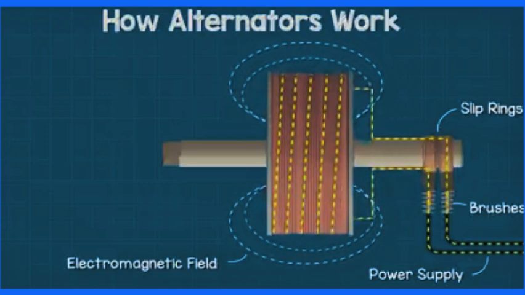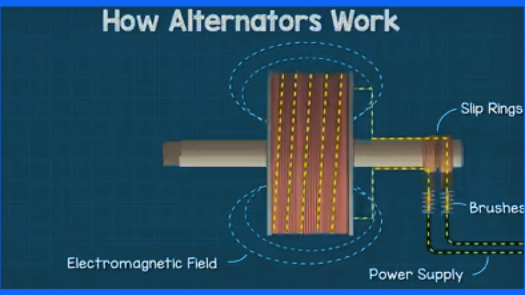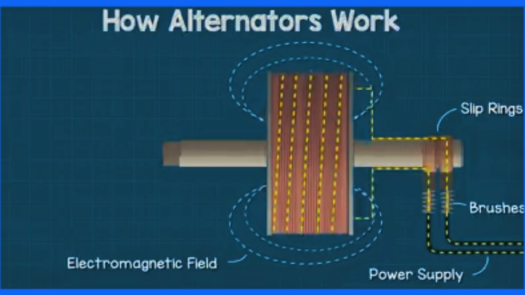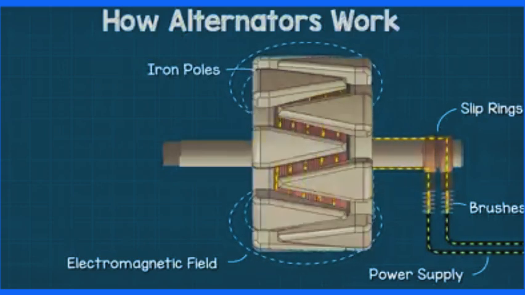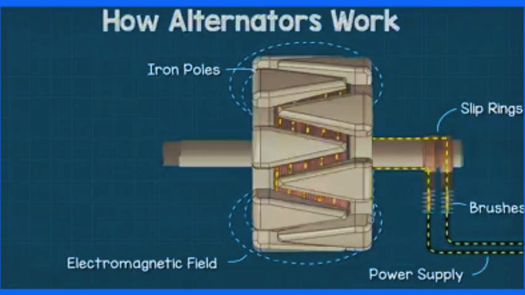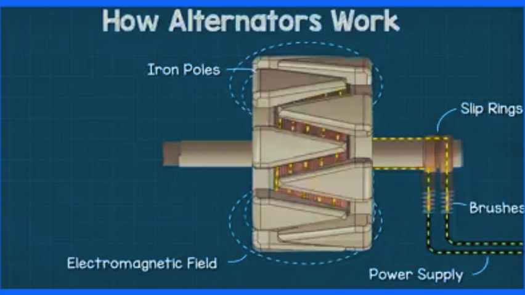As the electricity passes through the coil, it generates an electromagnetic field. To enhance this electromagnetic field, 2 iron claws are placed either end of the coil, which will interlock with each other. One end will become the North Pole and the other will become the South Pole.